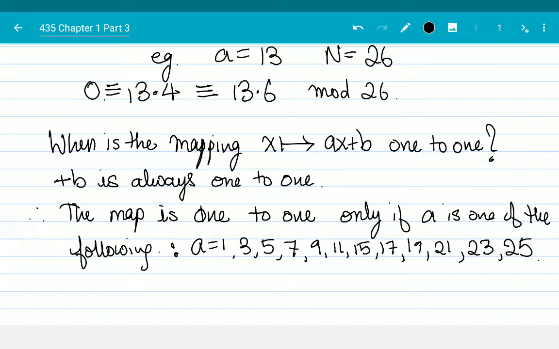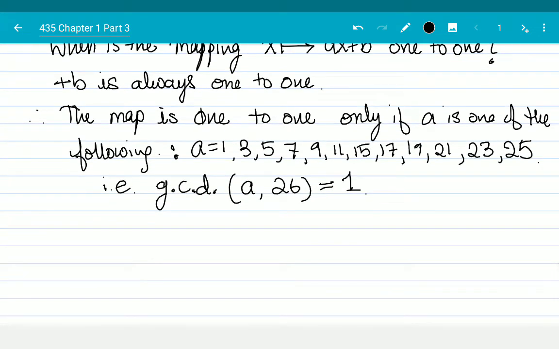And what is special? All of these numbers have the property that GCD of a and 26 is equal to 1. Okay? So these numbers we are going to denote by something special.